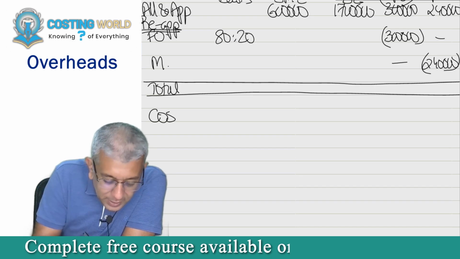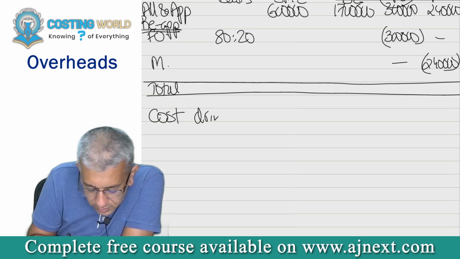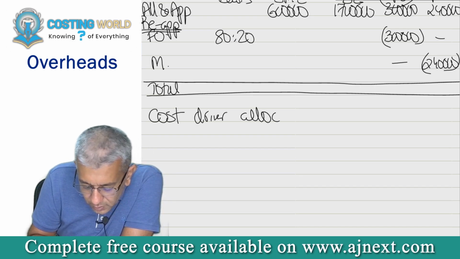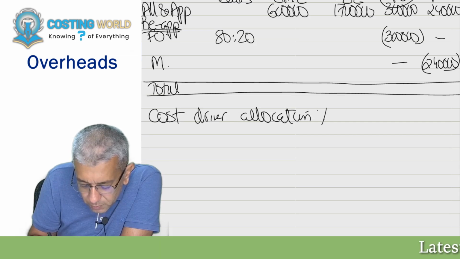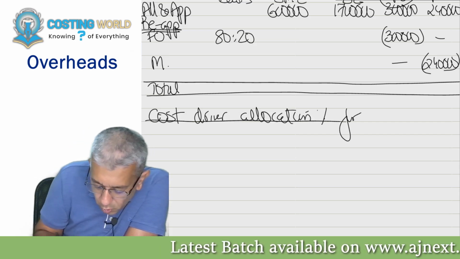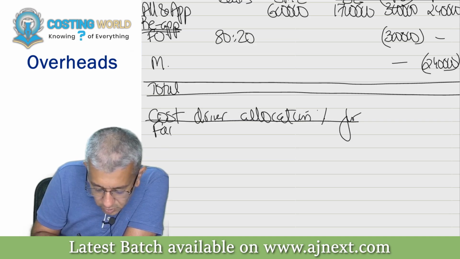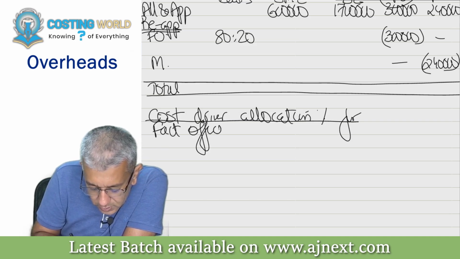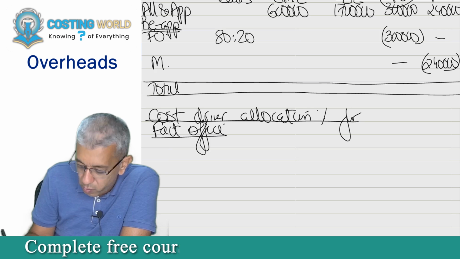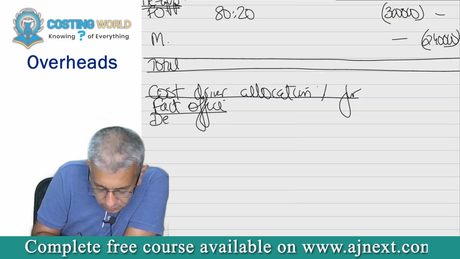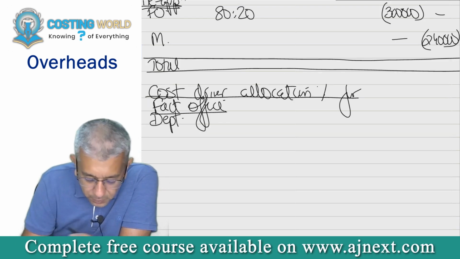So write down cost driver allocation percentage for, first of all, factory office. Department.